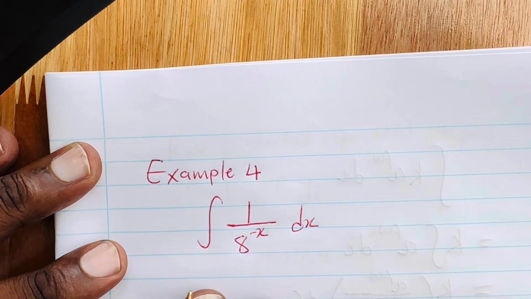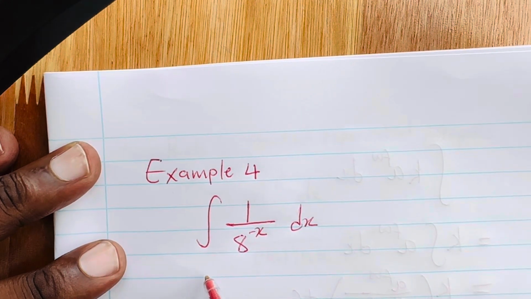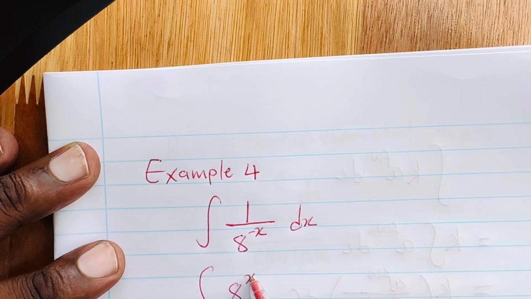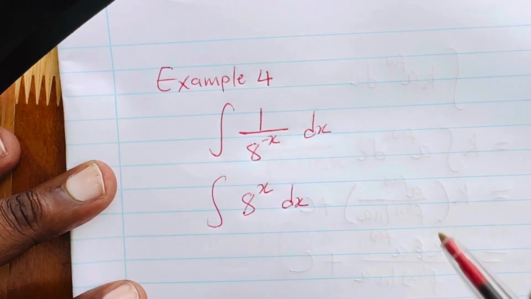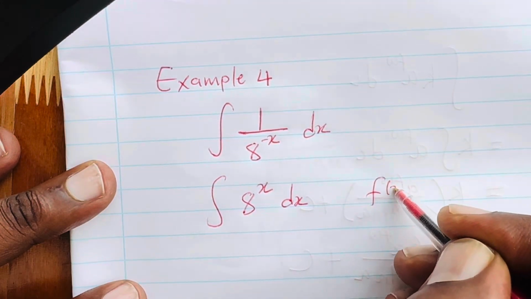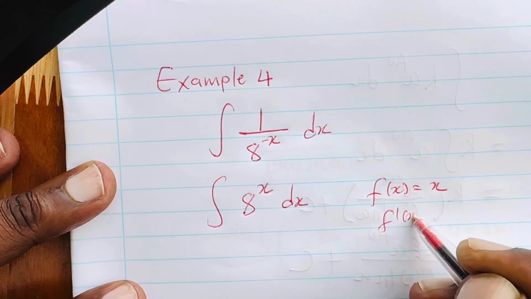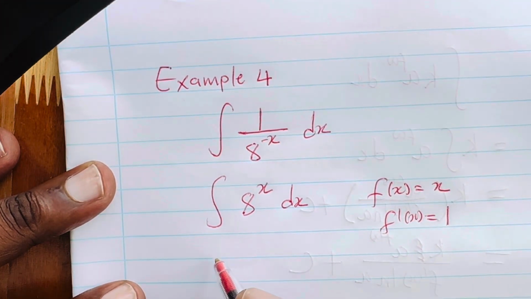We're just going to move this denominator to the numerator, so we have 8 raised to the exponent of x, with respect to x. In this case, f(x) is equal to x, then f prime of x will be equal to 1.